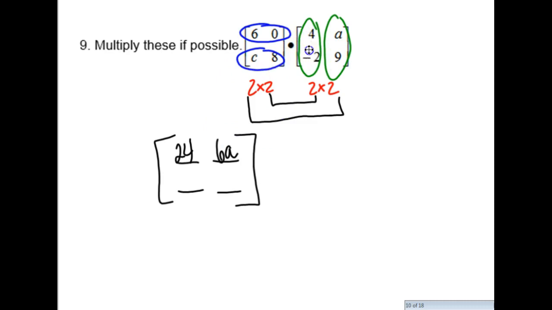All right, second row, first column. So 4c plus negative 16. So I will write that as 4c minus 16. And then, second row, second column, a times c plus 8 times 9 would be ac plus 72. And that's as simple as that one's going to get.